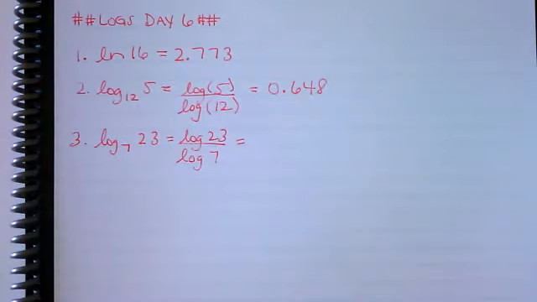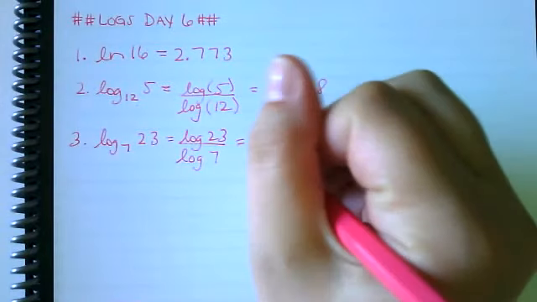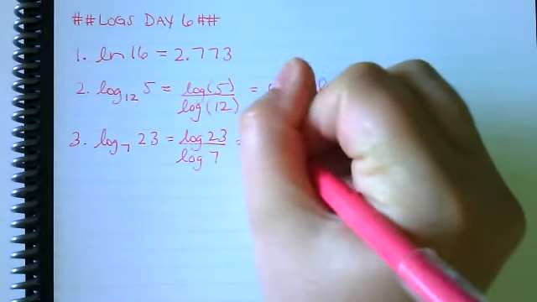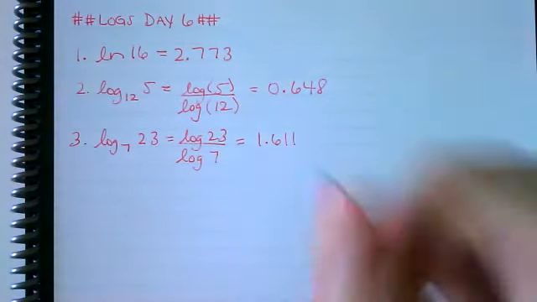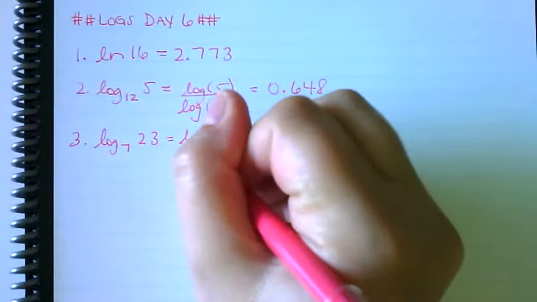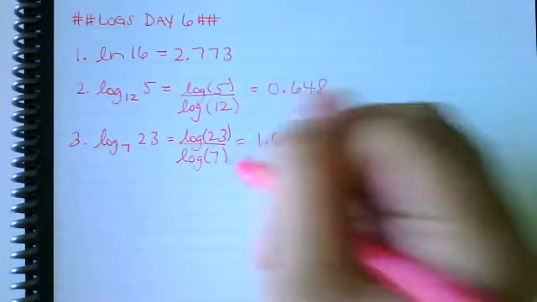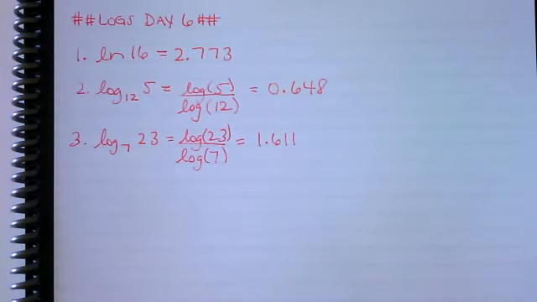We plug that into our calculator, so we've got log of 23 divided by log of 7. Make sure you are closing that parenthesis, and you should get 1.611. The biggest thing here is make sure you're closing your parentheses. Make sure that the numbers are in the correct spot. If you did it the opposite way, you're going to get the wrong number.